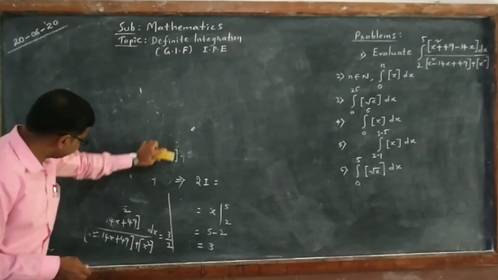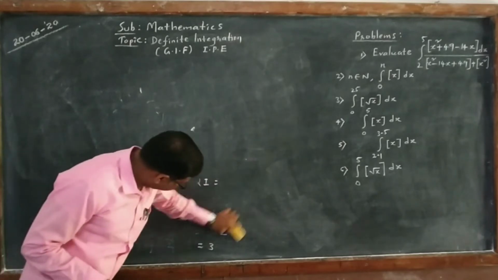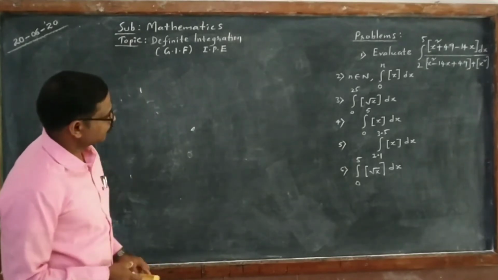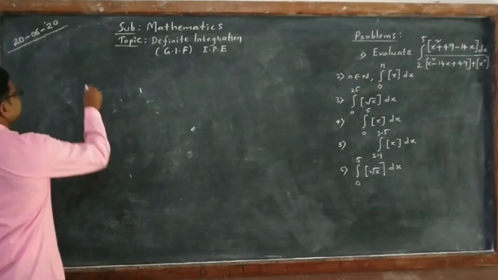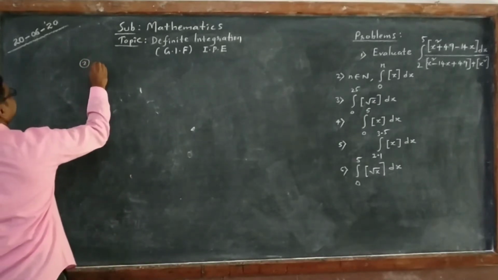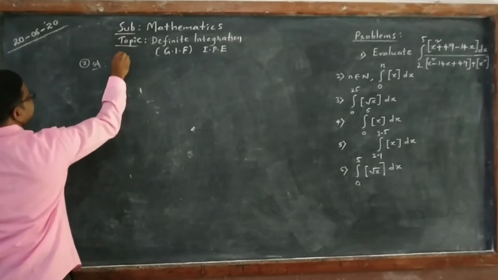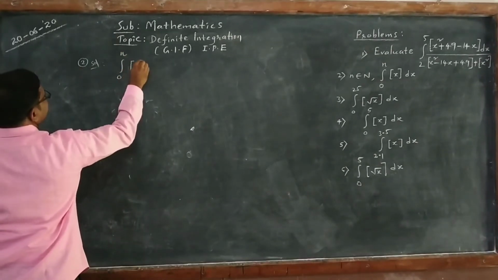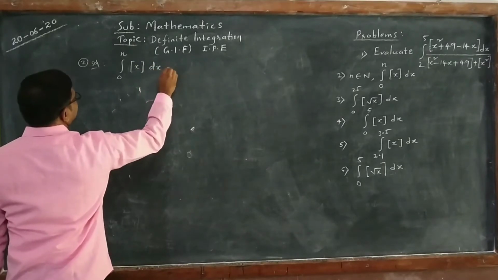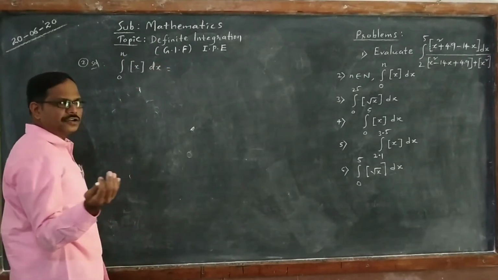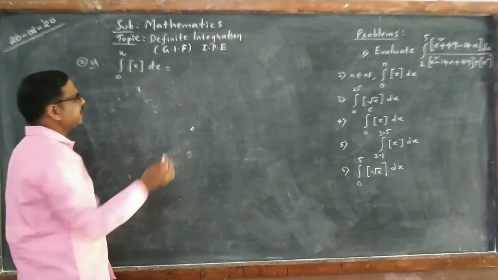The property is important. So see the next question on greatest integer function. What is the general formula for integral 0 to n of [x] dx? How can we split 0 to n? Between 0 to n, how many natural numbers are there?